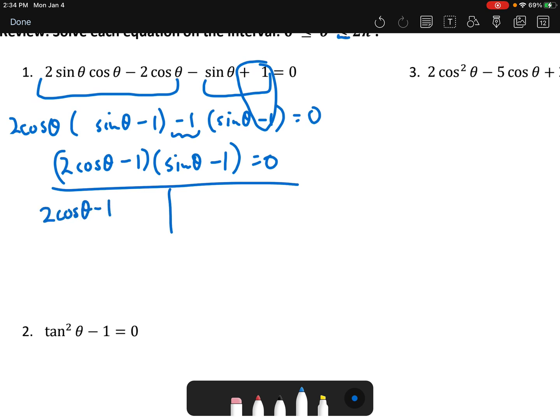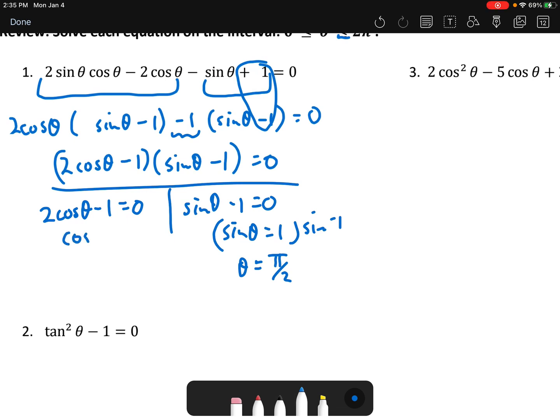2 cosine theta minus 1 equals 0. And sine theta minus 1 equals 0. So sine theta equals 1. Take the inverse sine of that. When is sine 1? All right, there's only one place, 90 degrees, pi over 2. Cosine would be 1/2. Take the inverse cosine.